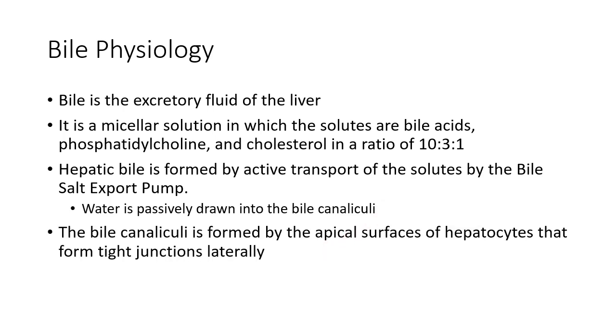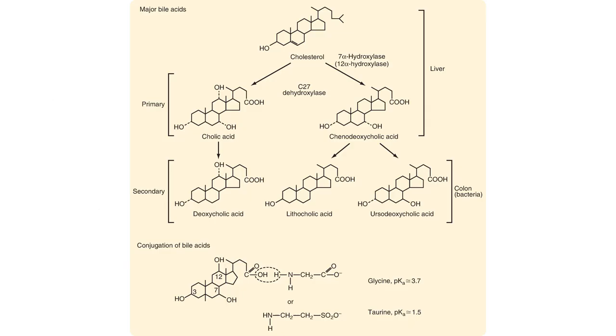The bile canaliculi is formed by the apical surfaces of the hepatocytes that form tight junctions laterally. So may magandang picture dito si Dr. Netter. Here, you will see the chemistry of the major bile acids. The high yield information here would be you should be able to differentiate the primary from the secondary bile acids.